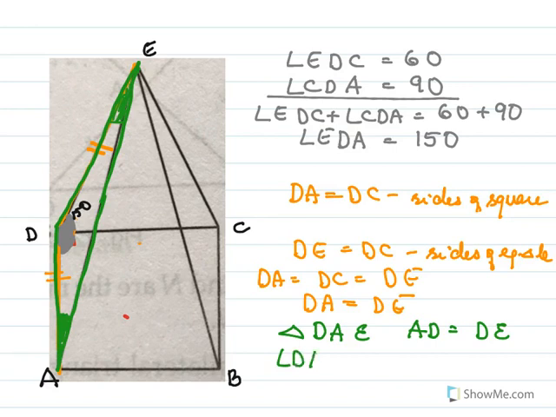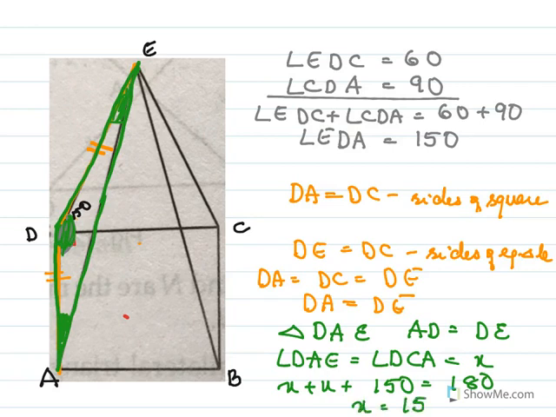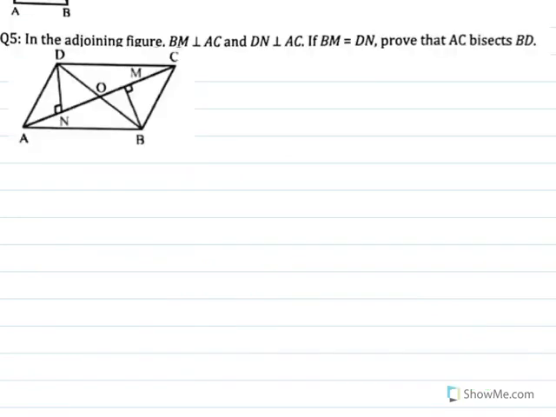That means angle DAE equal to angle DEA equal to x. Now x plus x plus 150 equal to 180. This is our 150 here. So we'll have x equal to 15. So that was asked, angle DAE was asked. So angle DAE equal to 15 degrees.